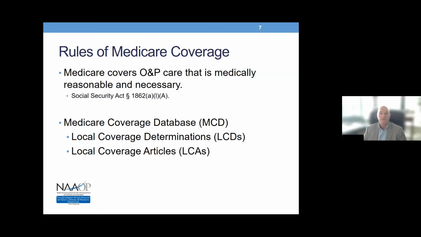There are also local coverage articles, which don't quite have the same impact as local coverage determinations, but they're another method of laying out what's covered and what is not covered. All of these sources are available on the CMS website, and you should look at these on occasion to make sure that what you're submitting is consistent with what the local coverage articles and local coverage determinations are saying about orthotic and prosthetic coverage.